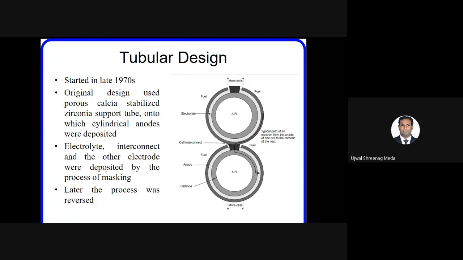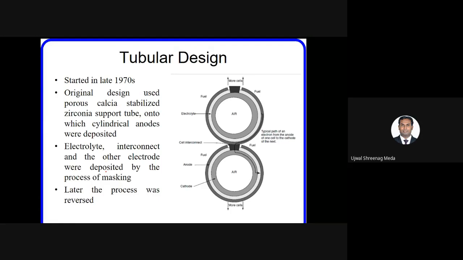So there are actually three variants. One is the planar design, where the electrolyte assembly is completely planar, sheet-like structure, thin sheets. The next variant is monolithic design, which looks like honeycomb.